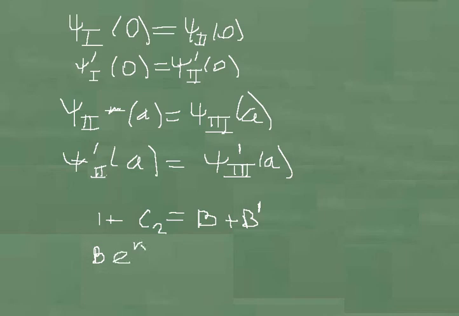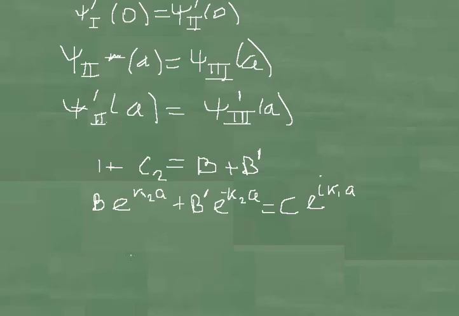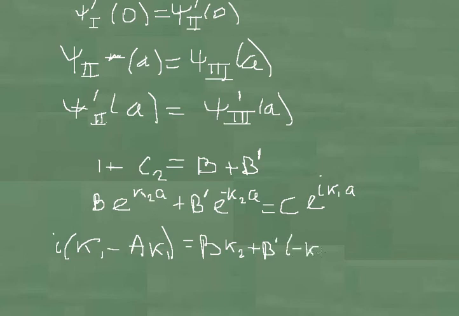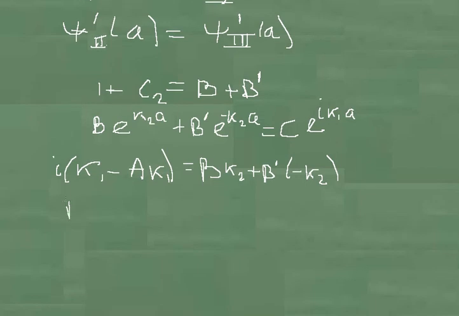B e to the power k2 a plus B' e to the power minus k2 a is equal to C e to the power i k1 a, and some further relation: i k1 C e to the power i k1 a is equal to k2 B e to the power k2 a minus k2 B' e to the power minus k2 a, and again some additional equation.